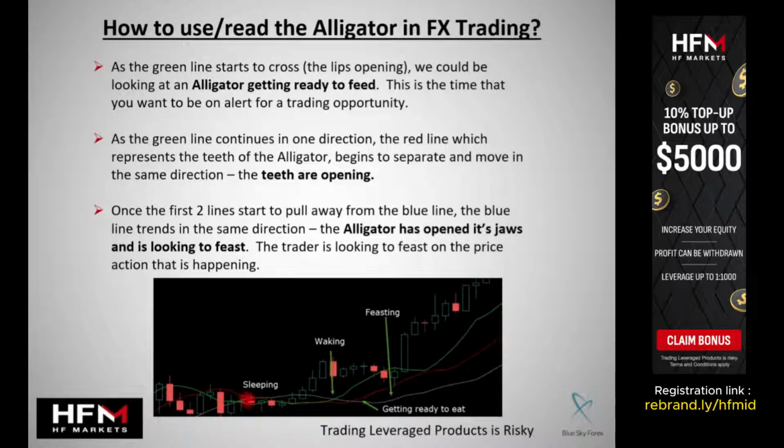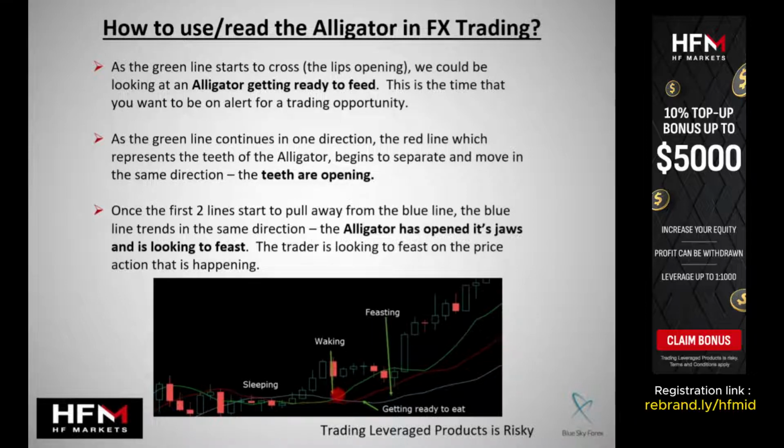Here you have the Alligator sleeping. You have some increased price activity here, and it's clearly also shown in the moving average lines where the Alligator is starting to wake up. So you have the green line passing the slower moving average upwards, okay? Here you have the red line following the green one, and it is also passing upwards from the slowest moving average, okay?